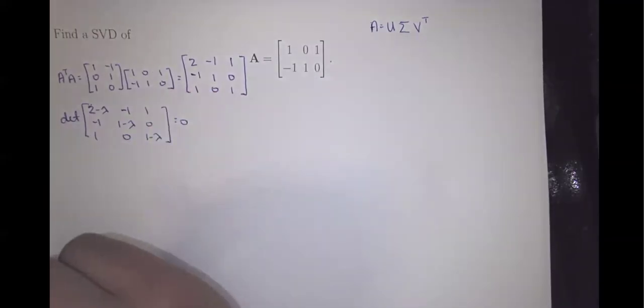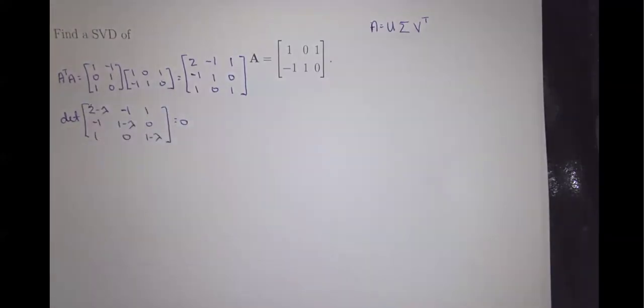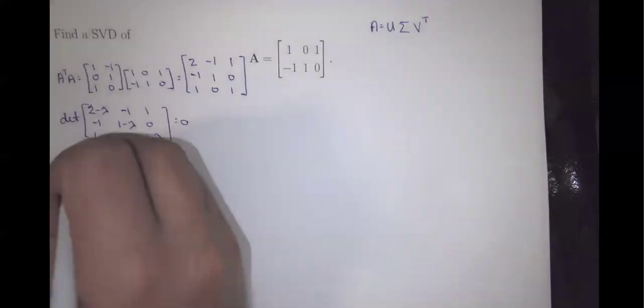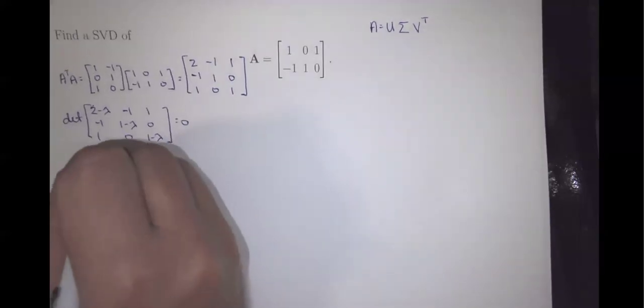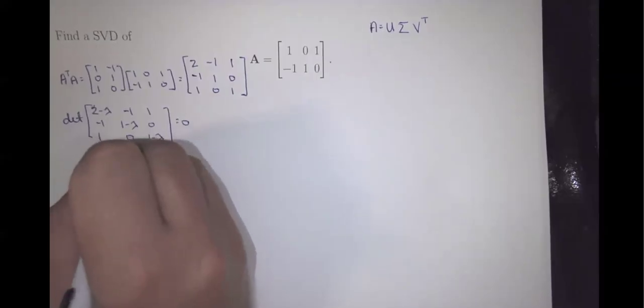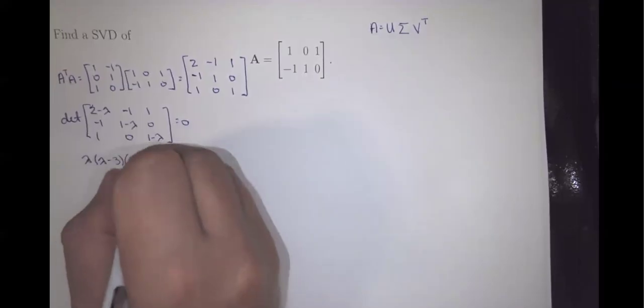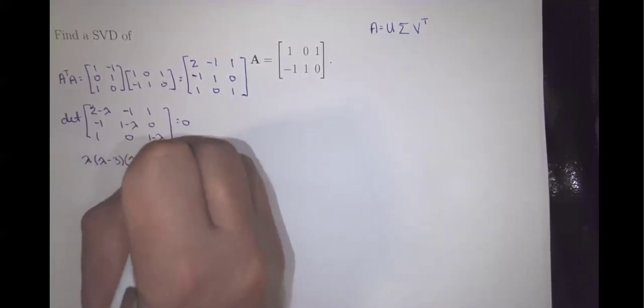When you work this out, and I'm not going to do it here, it factors to be lambda times lambda minus 3 times lambda minus 1 equals 0.